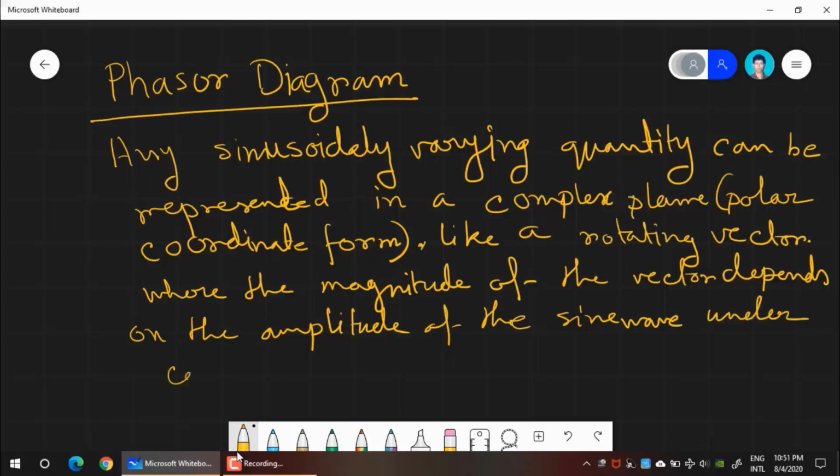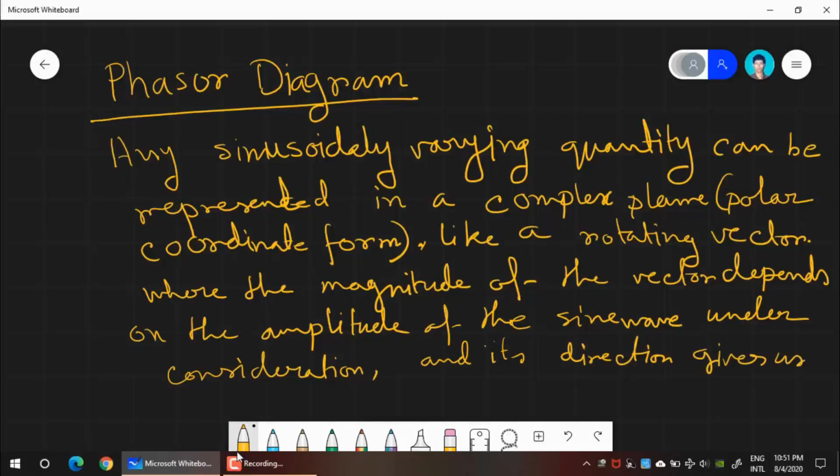under consideration, and its direction gives us the phase information.